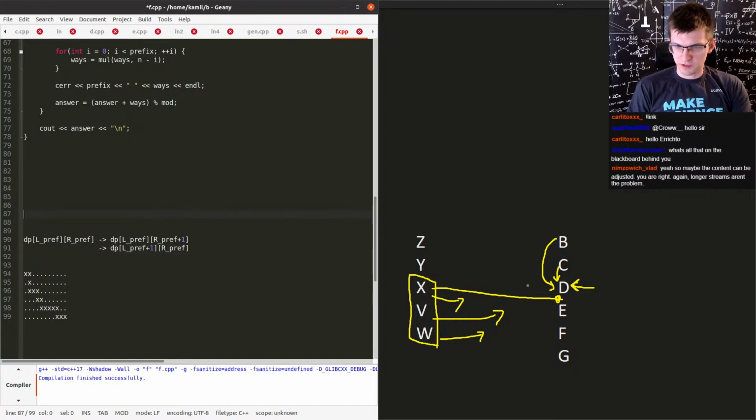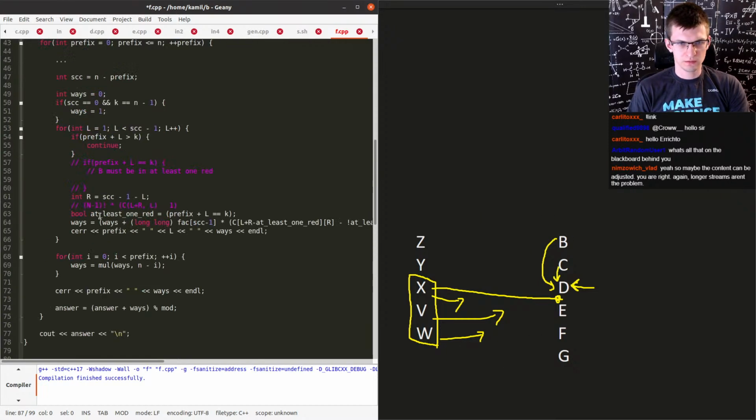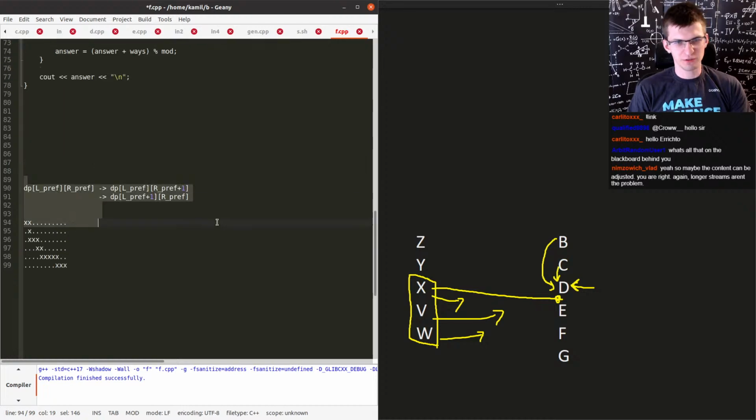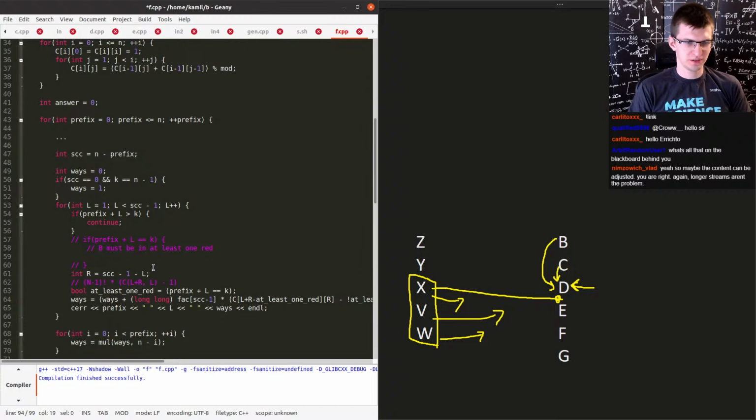Okay, so we have here this, that. I think that this drawing is enough for me now. And because it's quadratic, I can put it there. Yeah, I will put it here.